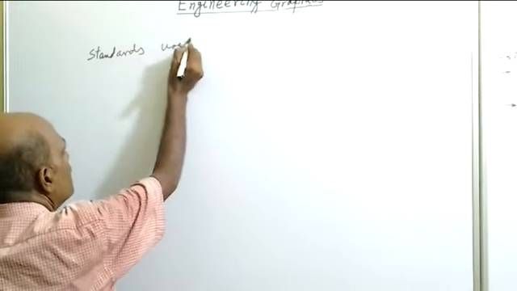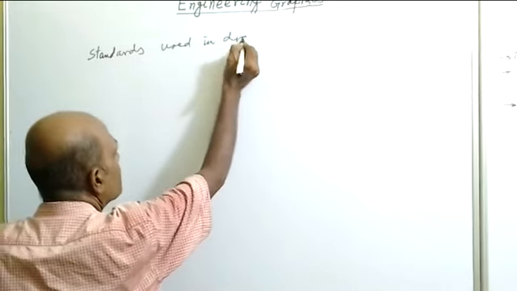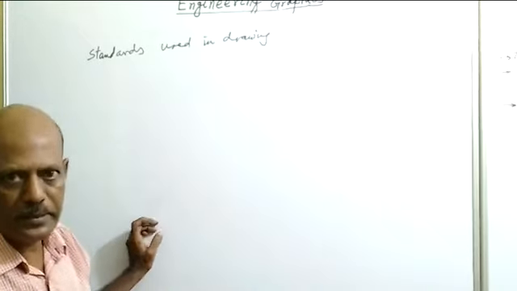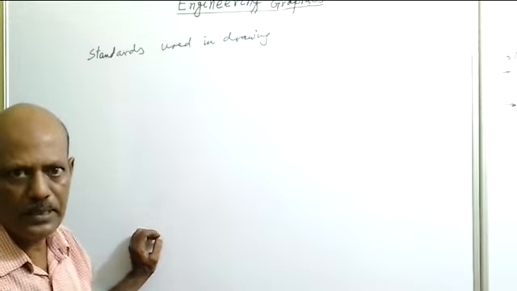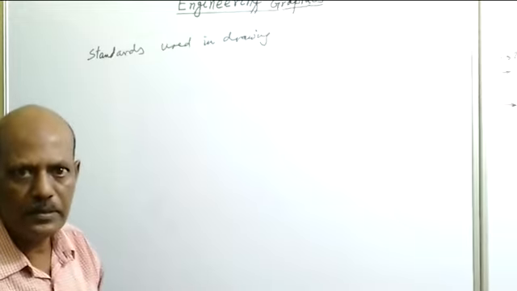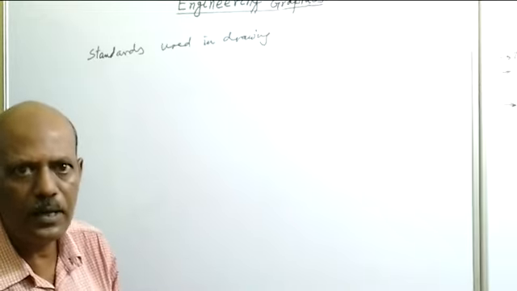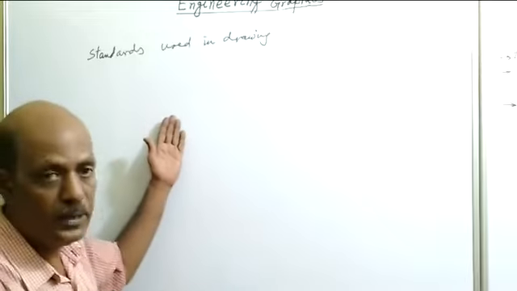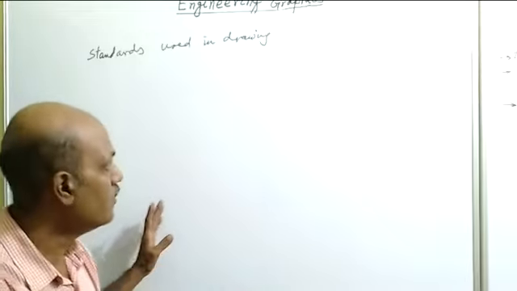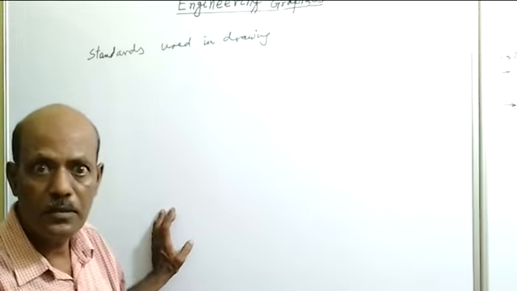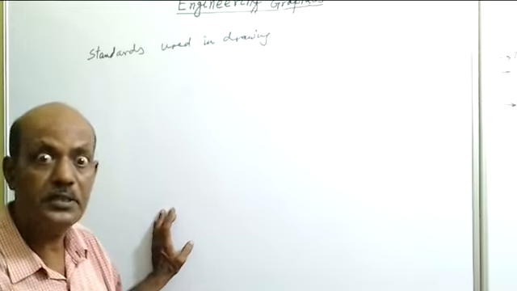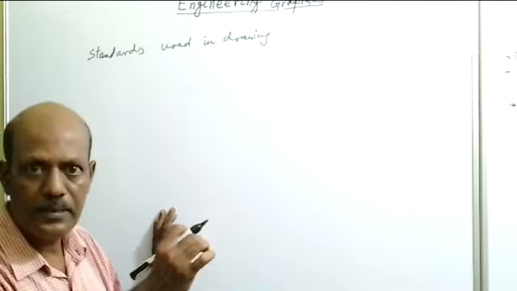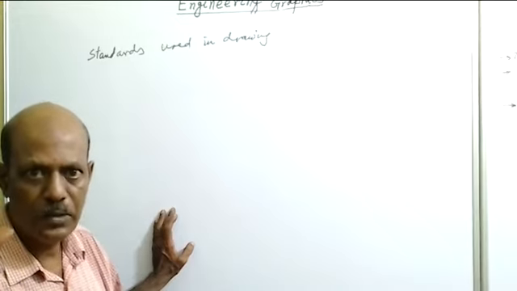For engineering drawing, as per the definition, the presentation of a three-dimensional object on a sheet of paper as per its shape and size, by using points, lines, curves and symbols, and by following the stated standards, is called engineering drawing.